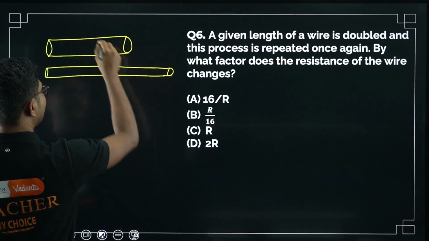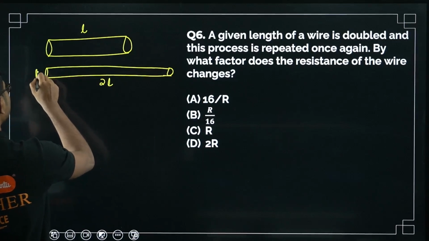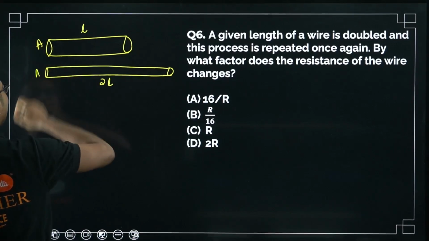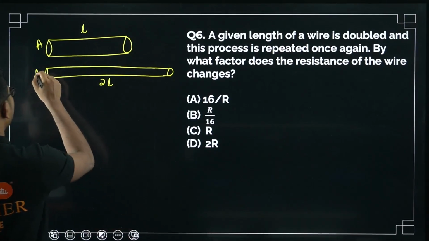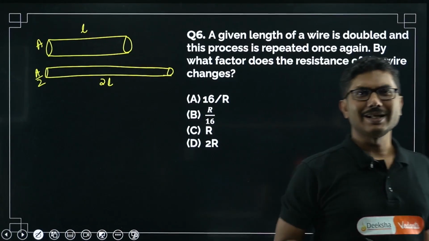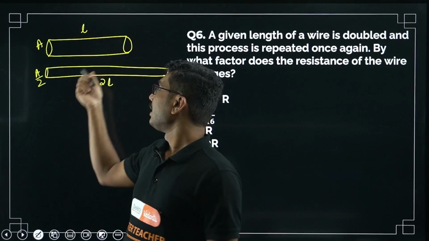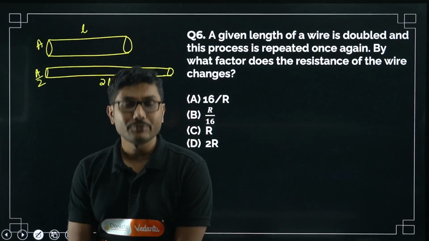If the initial length is L, the final length is 2L, and if the initial area is A, then the new area will be A by 2. Area decreases as you increase the length. So if you double the length, then the area will be half.